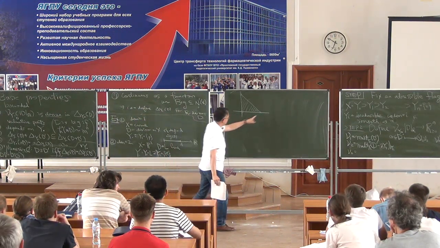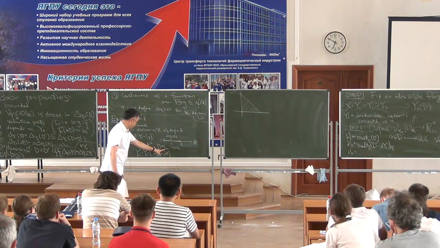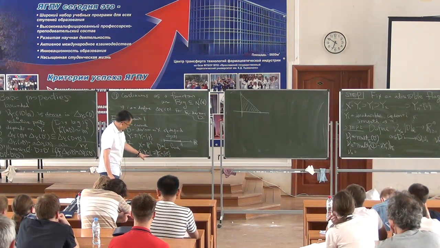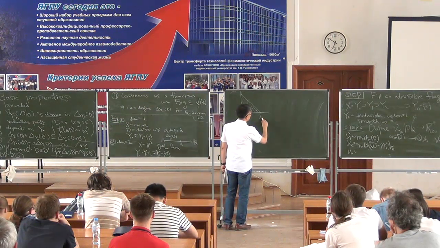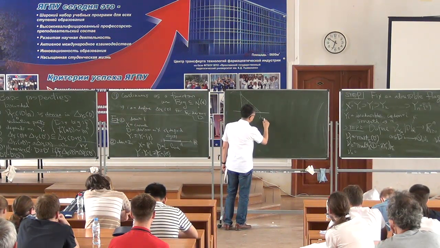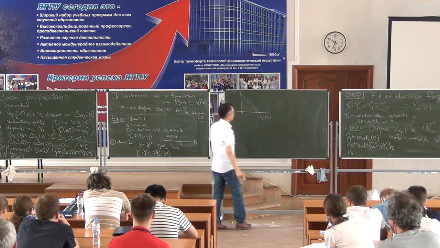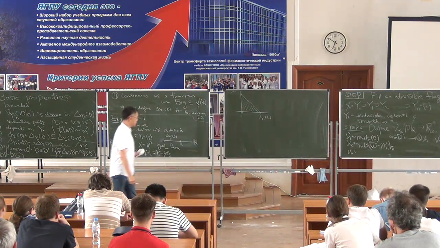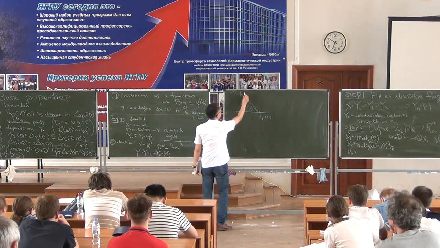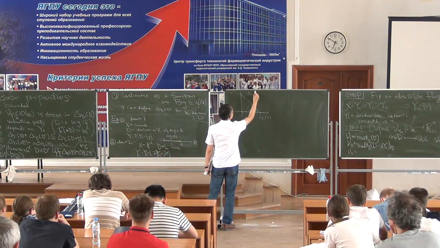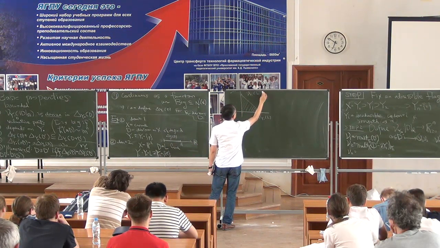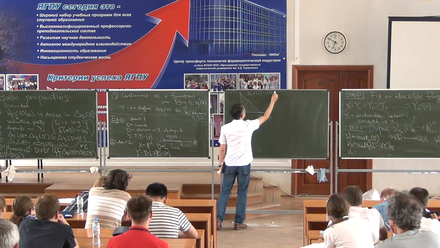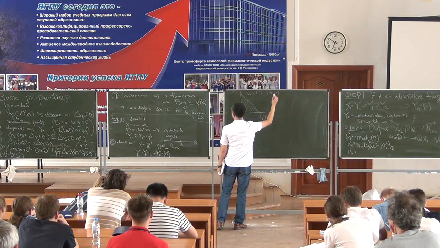And for this point, you just take L. This is just the valuation of L. Then you get this point. And for this point, you pick another line which contains the point Y2.